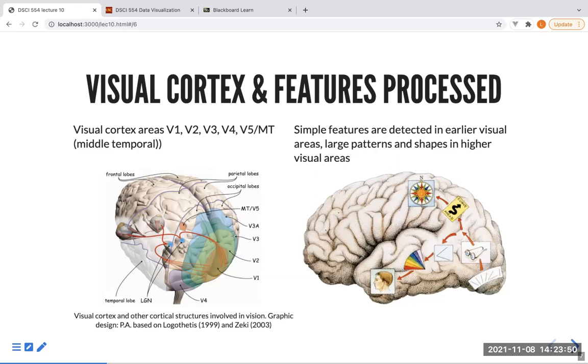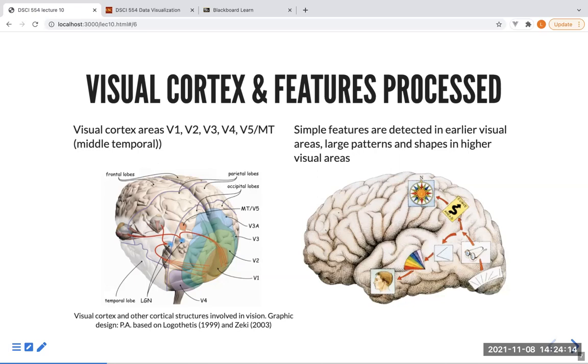So V1 is where all the information first lands. And so obviously there is where you're going to process the simpler type of information. And we've seen some example of that in the form of the pre-attentive features.